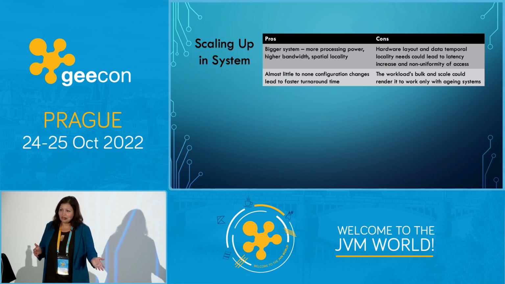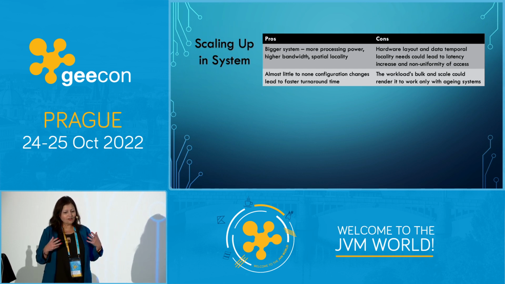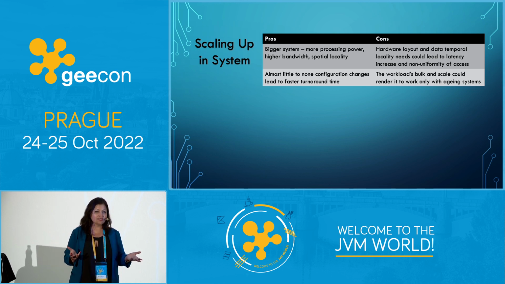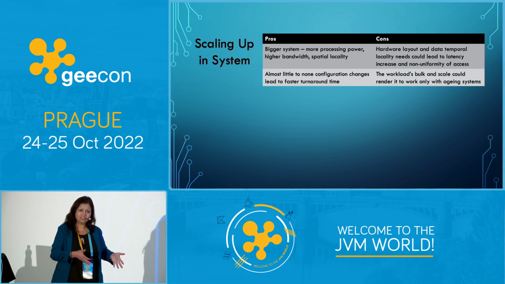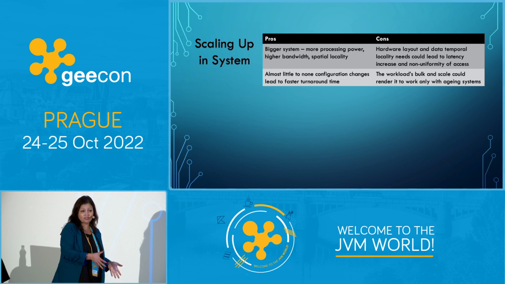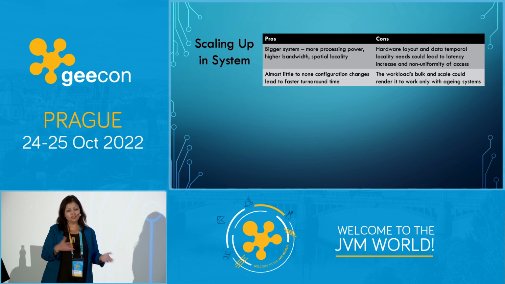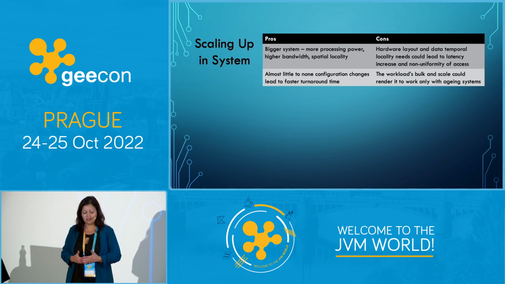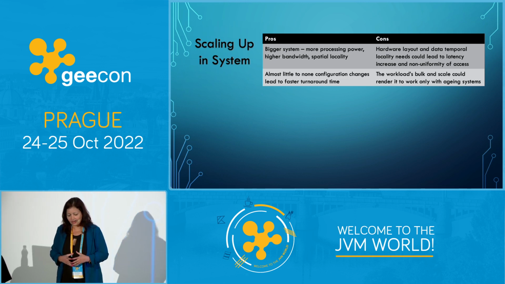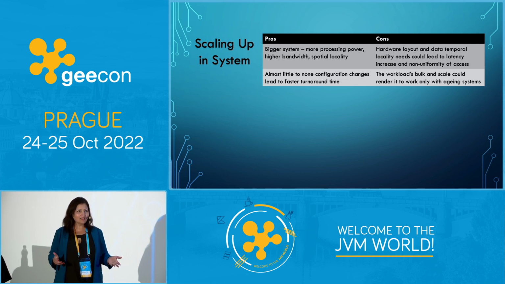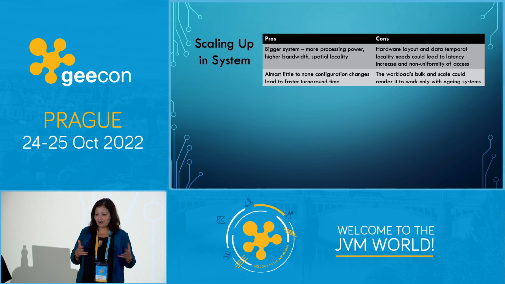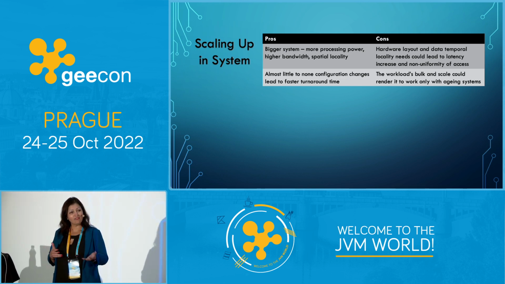The best thing about scaling up is that almost little to no configuration is needed, right? Because you literally can take your application from a smaller system and move it. It's a lift and shift, and you're done. But if you think about it, because you have almost a monolith, your bulk may be having issues.